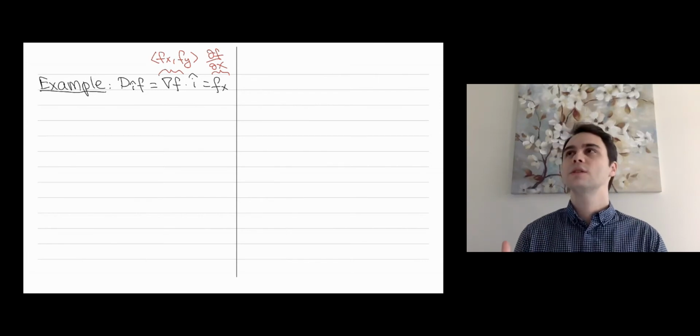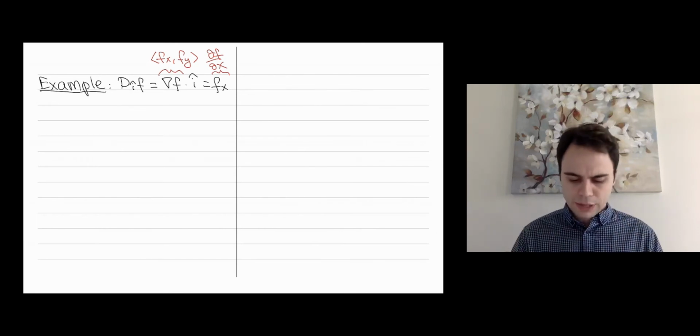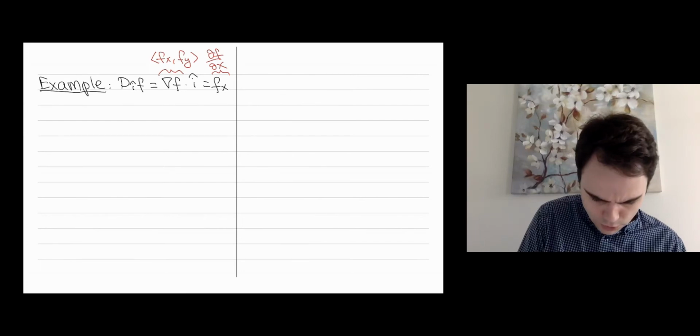So let's move on now to the interpretation. With this notion of directional derivative at hand, let's go back to the gradient vector and reinterpret it. So let's look at the meaning of the gradient.